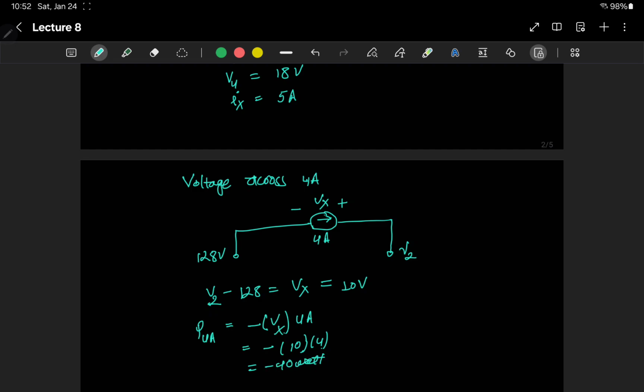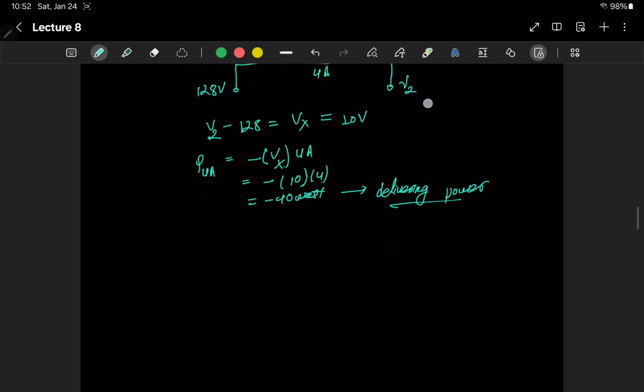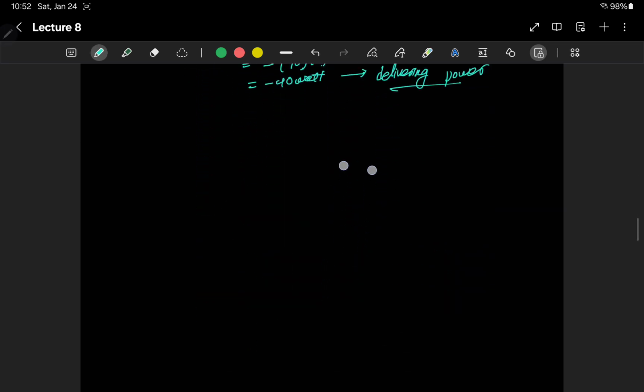And the negative sign means that the current source is actually delivering the power. So this is the solution of the given circuit diagram using the node voltage method.